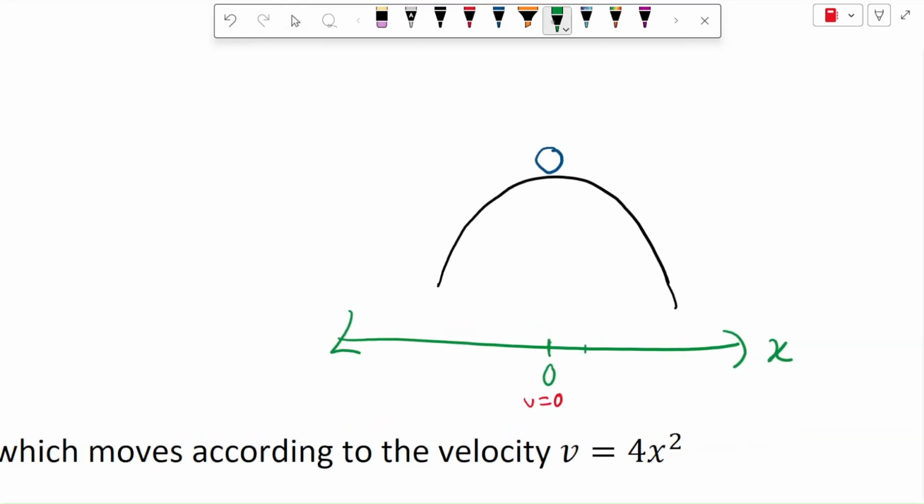Now, if x is 1 here, the ball would be sitting over here on the hill, and it would be rolling down, and according to this equation, velocity is 4 times 1 squared, so 4. If x was 2, it would be 4 times 2 squared, so that would be 16.